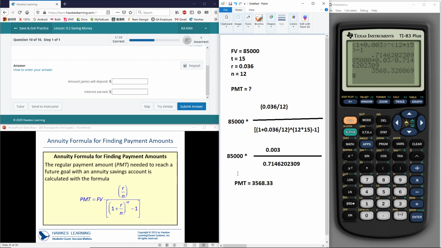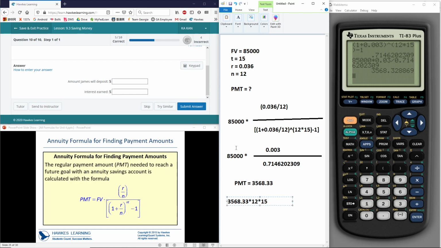So the total deposit would be 3568.33 times 12 months. He's doing monthly payment, right? And then times how many years? 15 years.